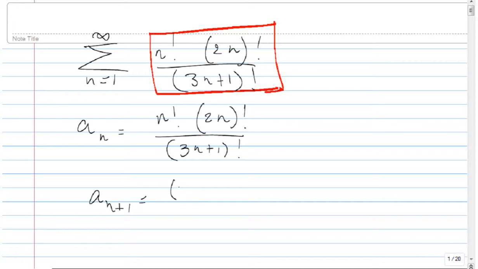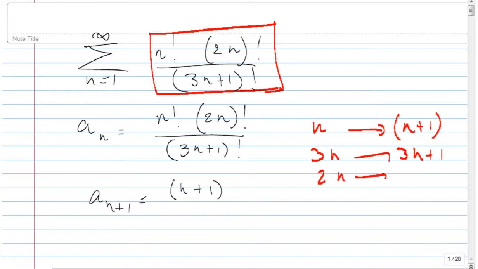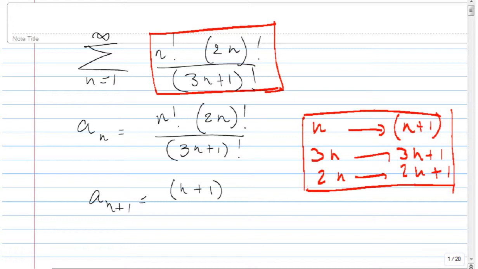So I always tell people to replace n by n plus 1 in parentheses. It's very important. Whenever you see n, put n plus 1 between parentheses. Otherwise, you will make mistakes like 3n gives 3n plus 1, which is wrong, and 2n becomes 2n plus 1, which is also wrong. So if you put the parentheses, you will avoid mistakes.